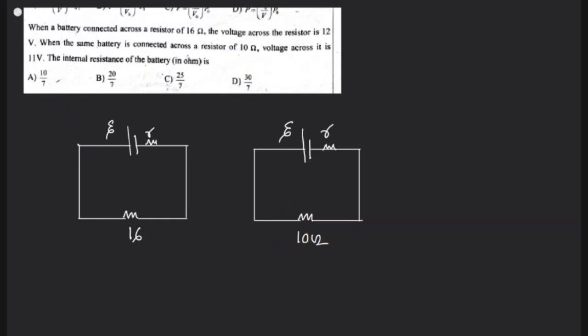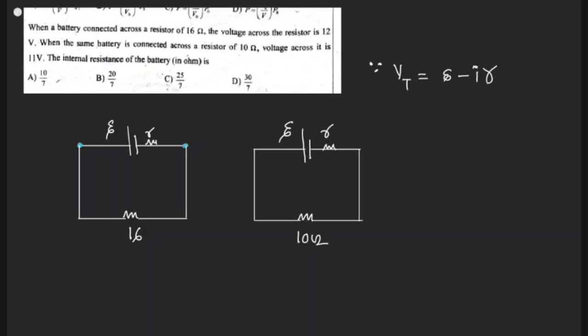And at the ends of this cell, the dropping voltage, or terminal voltage, can be written as, what is the terminal voltage formula? If you remember, the terminal voltage formula is V terminal is equal to epsilon minus I into R.